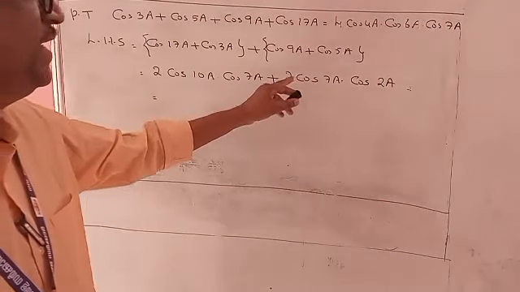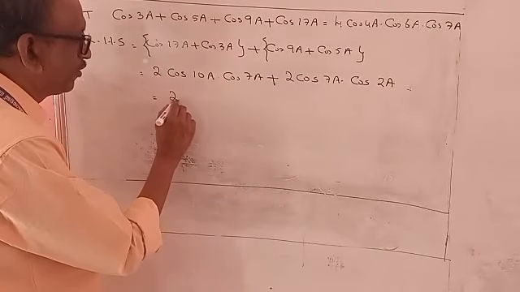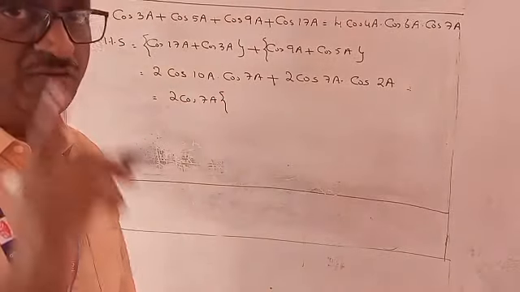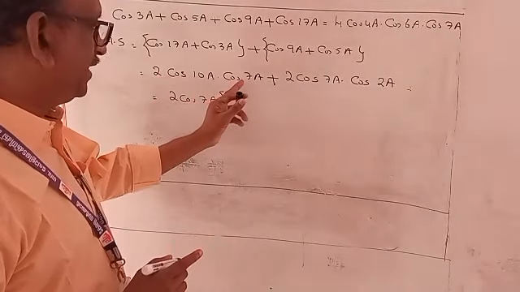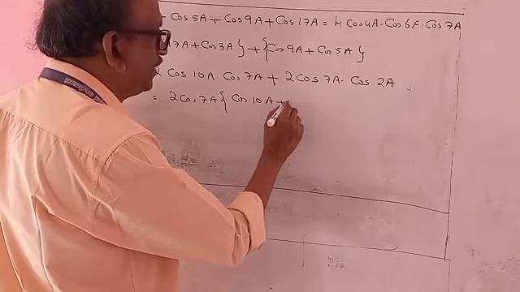Here common quantity 2 cos 7a and 2 cos 7a. Take 2 cos 7a outside of the bracket. Remaining quantity is cos 10a plus cos 2a.